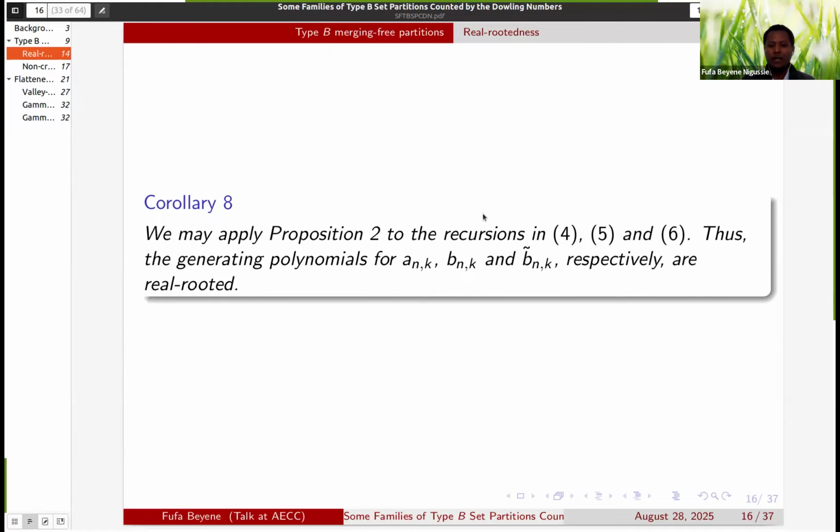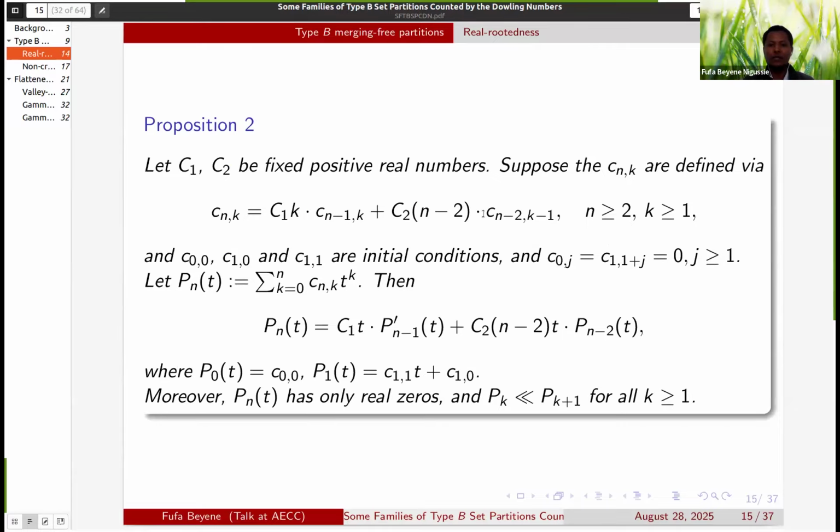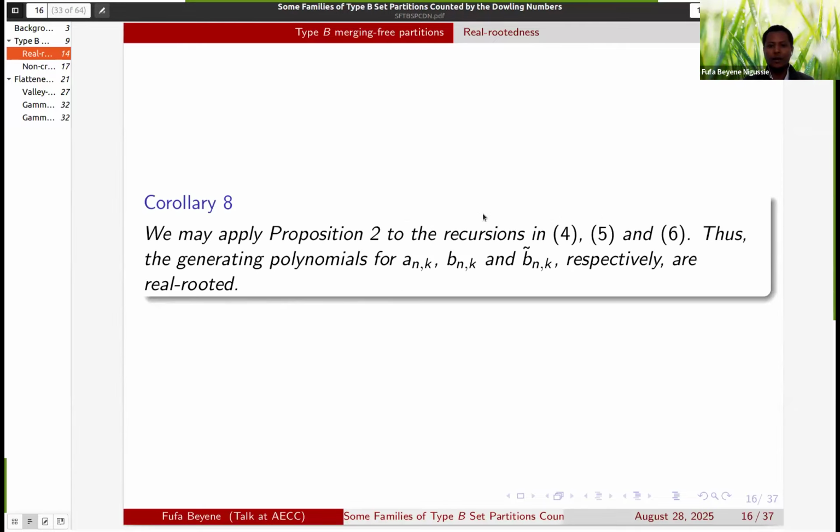When you apply the above proposition to these recursions, one can see that they are all real-rooted.